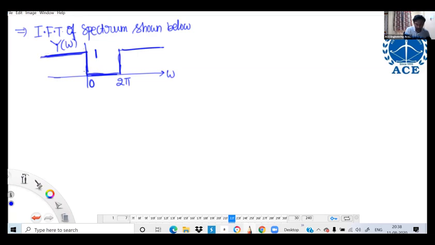Its amplitude is everywhere 1 except in which range? 0 to 2 pi. Y of omega I have given, I want y of t.